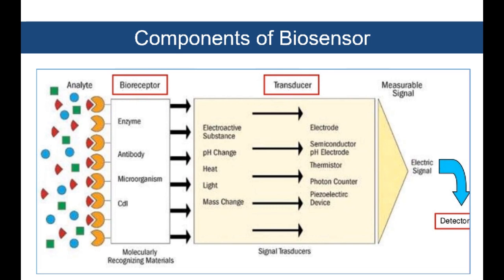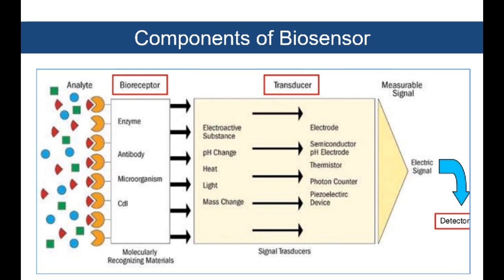After that, the change shows some property like electroactive substances, pH change, heat change, light change, mass change. These are the changes shown by the binding of the substrate with the analytes on the bioreceptor panel.